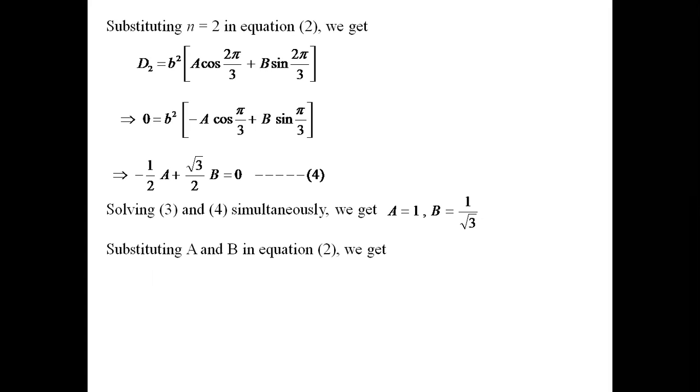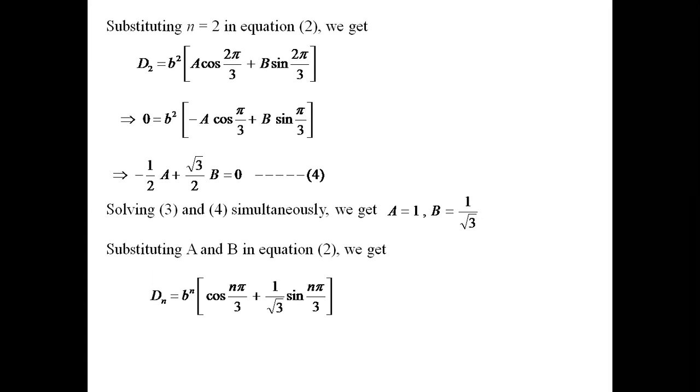Now we have two simultaneous equations to solve, that is equations 3 and 4. By solving these equations simultaneously, we will be able to find out capital A and capital B values. So we get capital A equal to 1 and capital B equal to 1 divided by root 3. We now substitute capital A and capital B into equation 2, which we had called the general solution.